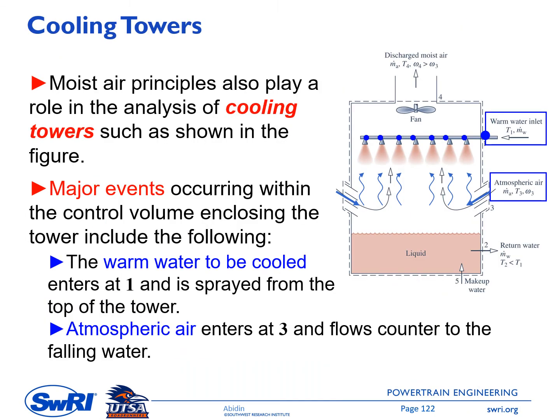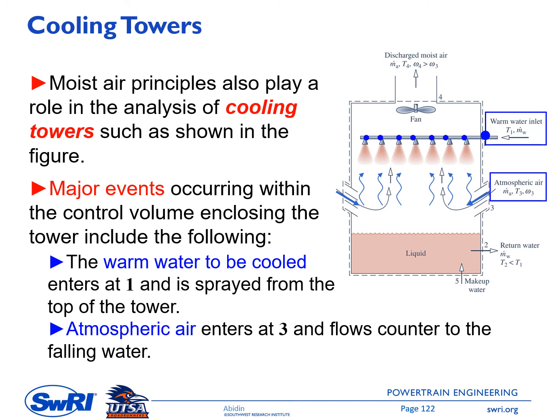Last topic is cooling towers. Moist air principles also play a role in the analysis of cooling towers. The figure on the right side here is showing a schematic of a cooling tower. The purpose of a cooling tower is to remove the heat from the working fluid of a steam power system, for example.